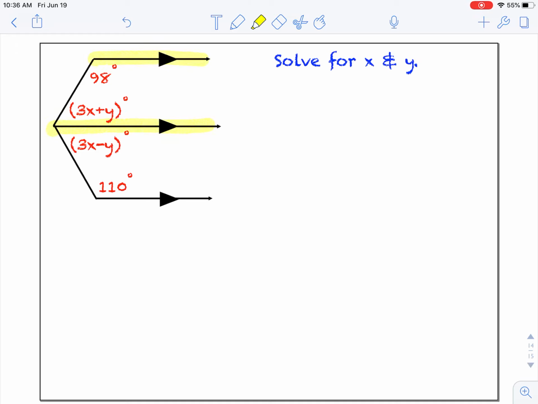So now we have, let's just at least set these up a little bit. These are parallel lines, all three of them. And you have one transversal right here, and you have another transversal right here. And so what you have here is this angle and this angle are consecutive interior angles.